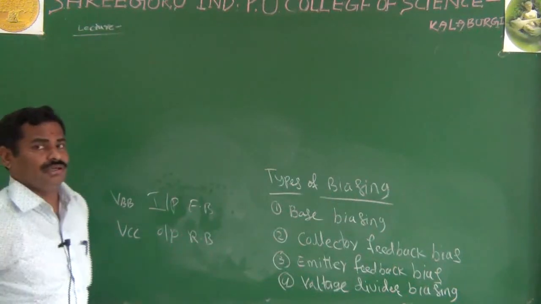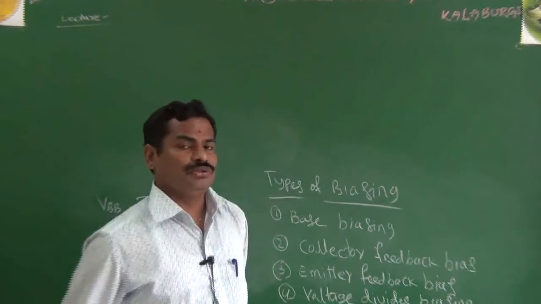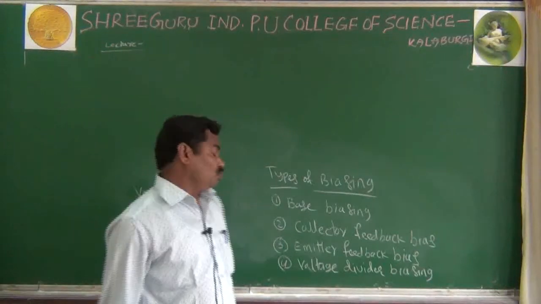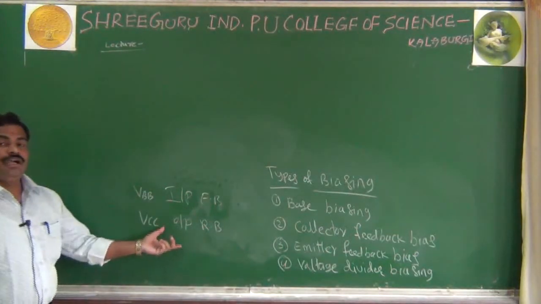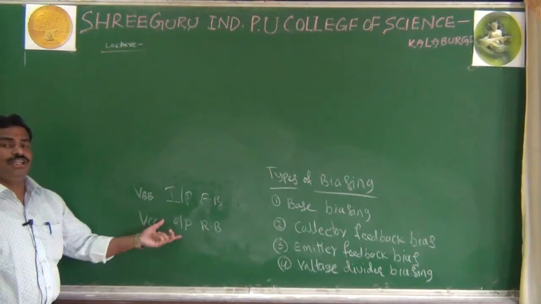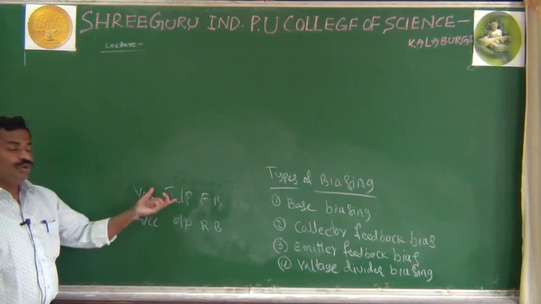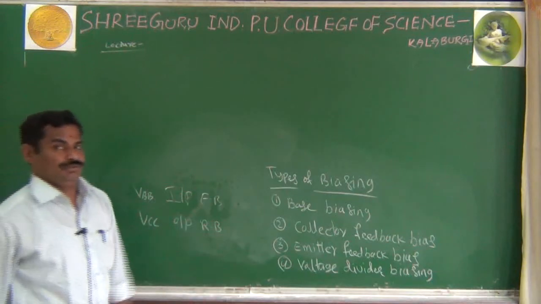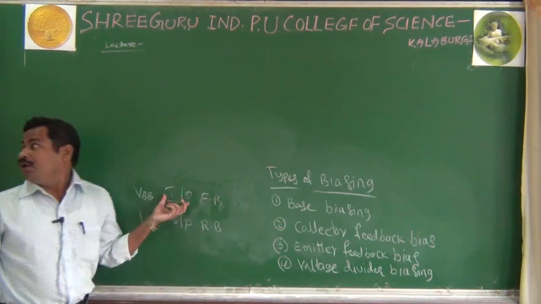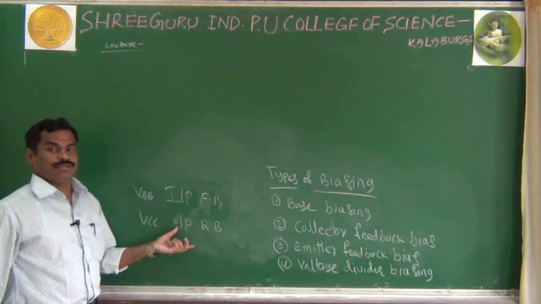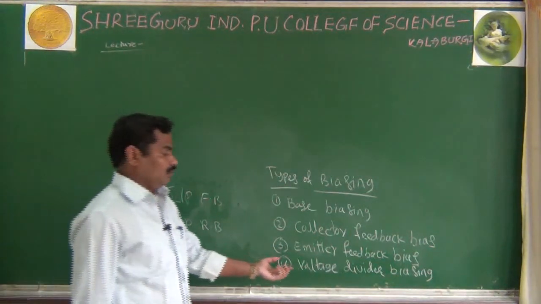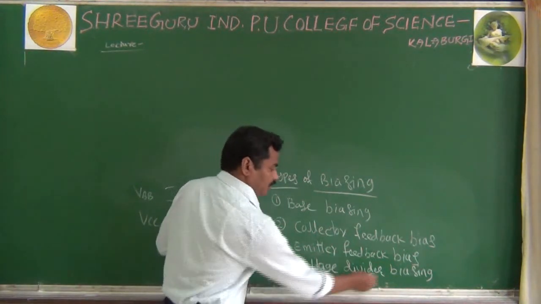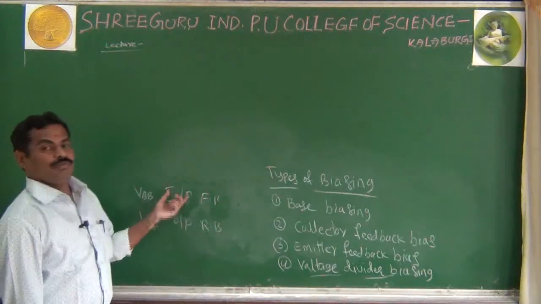In voltage divider biasing, you use only one power supply.